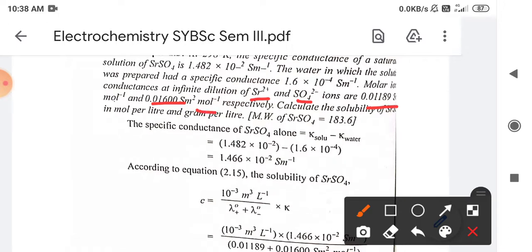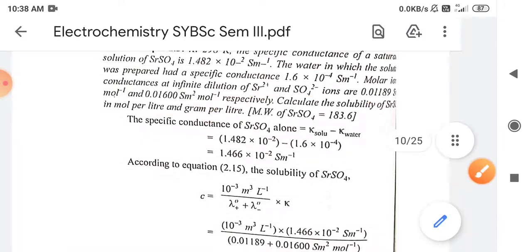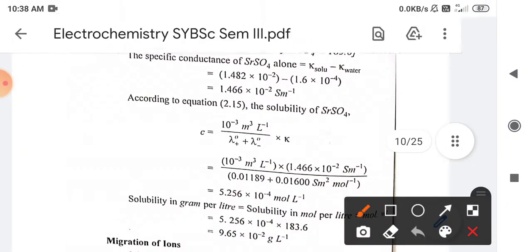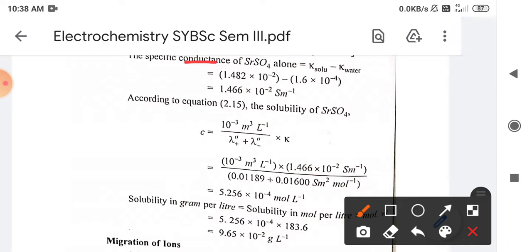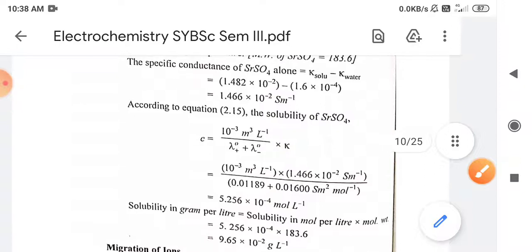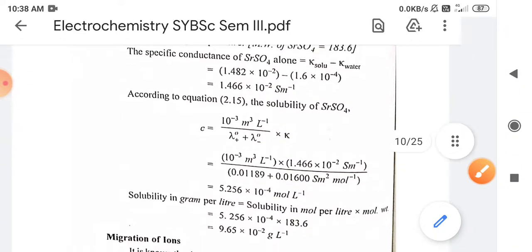Calculate the solubility of strontium sulfate in mole per liter and gram per liter. The molecular weight is also given. The first step is to find the specific conductance of strontium sulfate. By subtracting the conductivity of water, we will get the specific conductance for strontium sulfate.